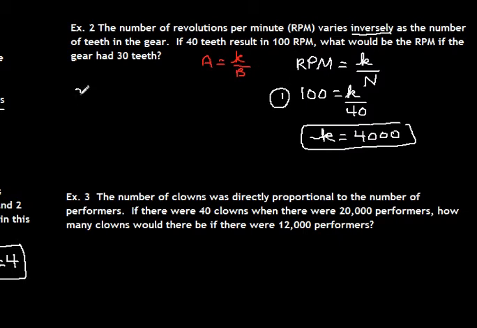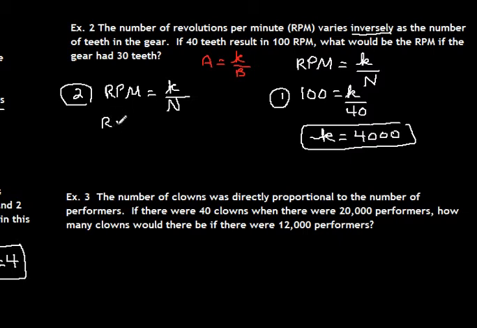That's part 1. Part 2, we're going to use this constant of proportionality and another piece of information to get the third piece of information that we don't know. So here we go. We're going to use the same thing, RPM equals K over N. If 40 teeth result in 100 RPM, what would the RPM be if it had 30 teeth?